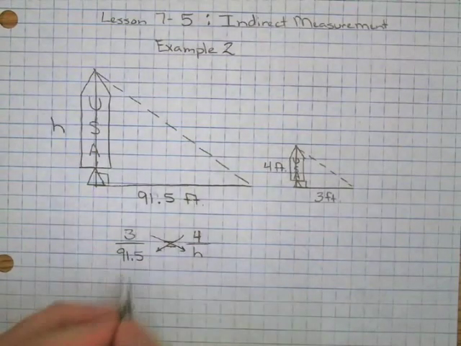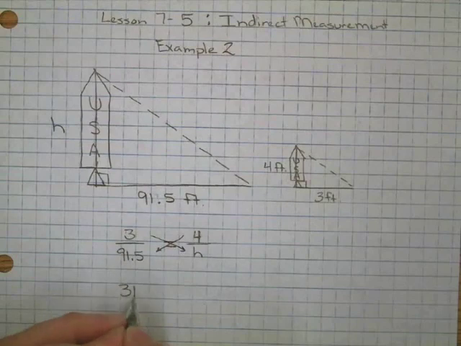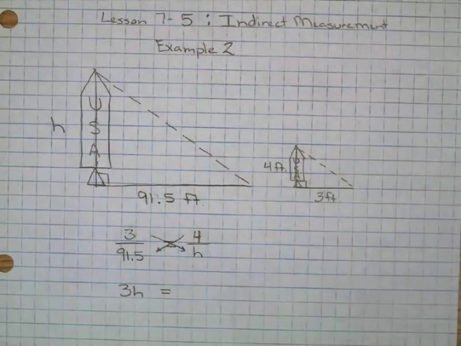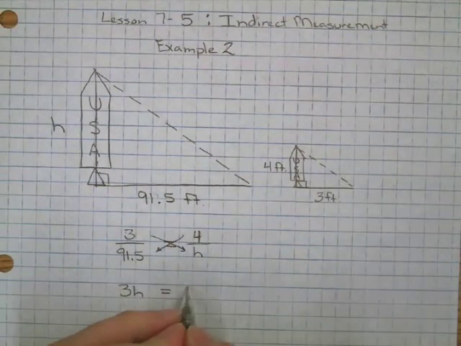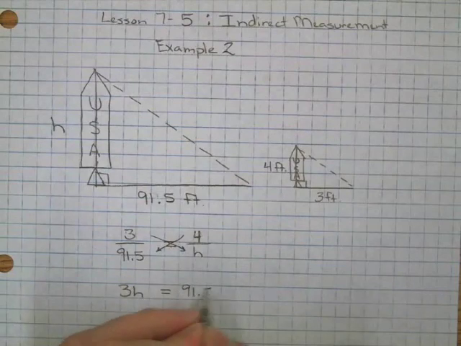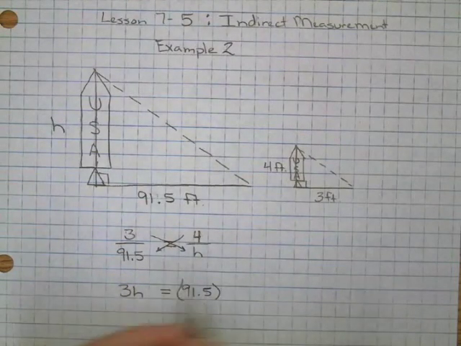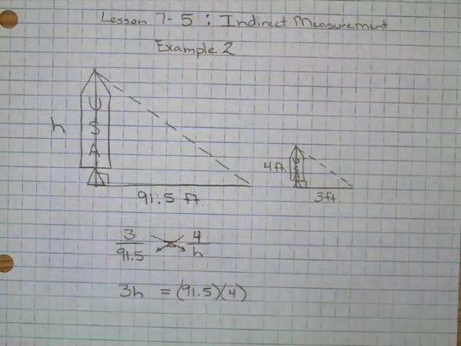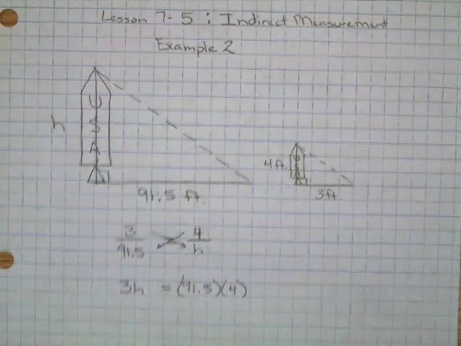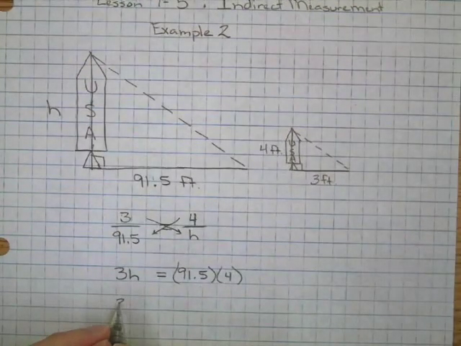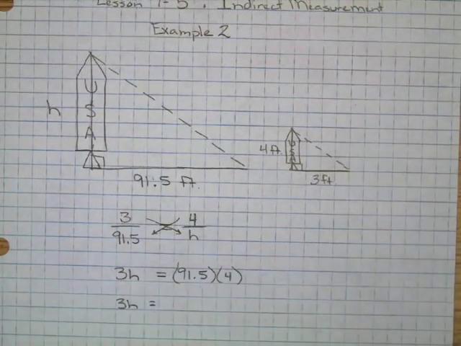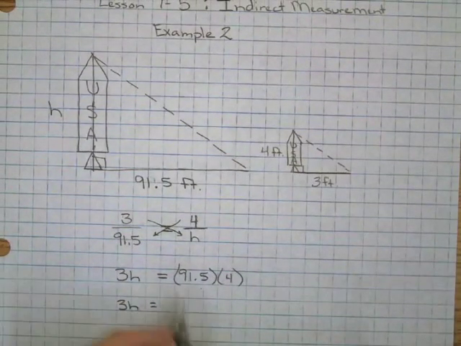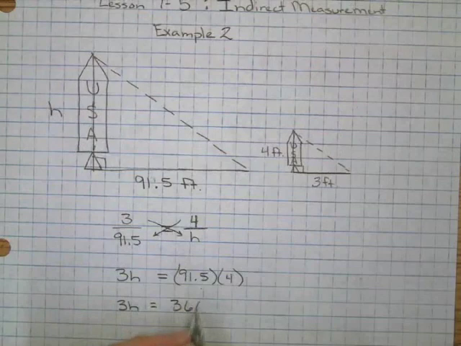So I'm going to multiply 3 times our unknown h, and that will equal 91 5/10 times 4. So 3h will equal, and 91 5/10 multiplied by 4 is 366.